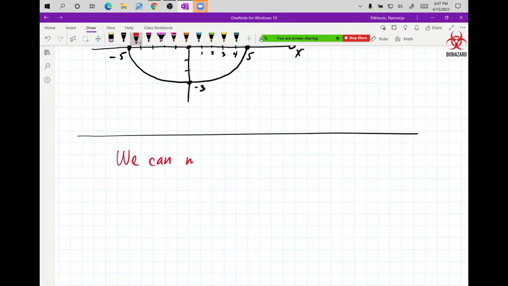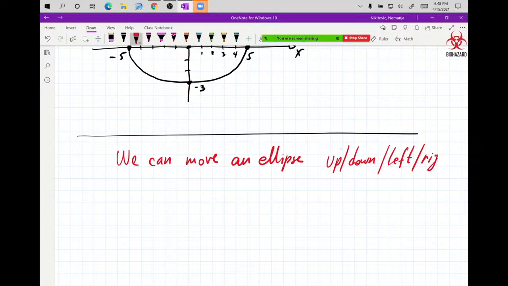We can move an ellipse up, down, left, right. And for that, we have an equation.